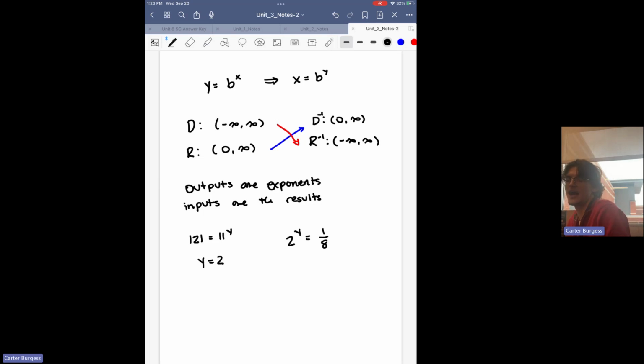And then how do I make 2 match up with 8? 2 to the what? 2 to the 3, and so our output y is going to be -3. So notice we're plugging in the results. Plug in 121, we're plugging in 1/8, and the output, the thing that is getting spat out, is the exponent that would give us that result for a particular base.